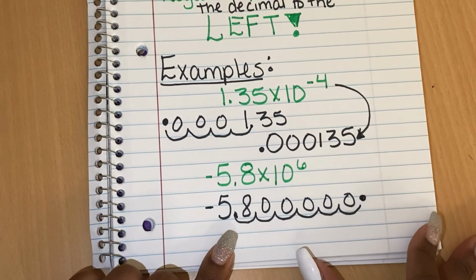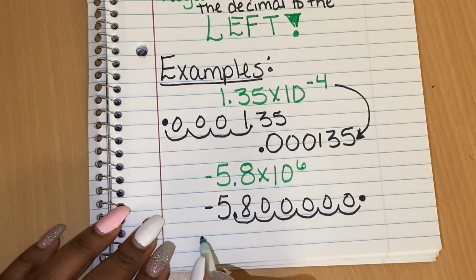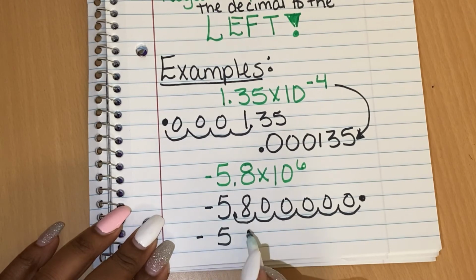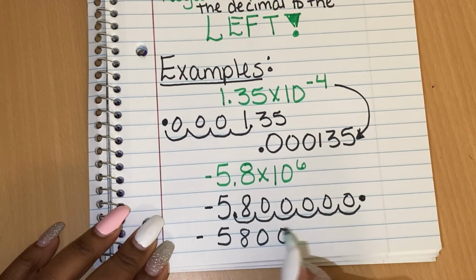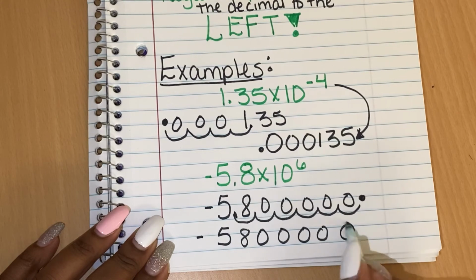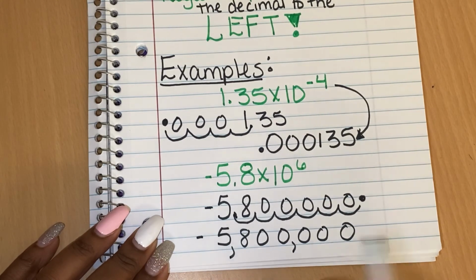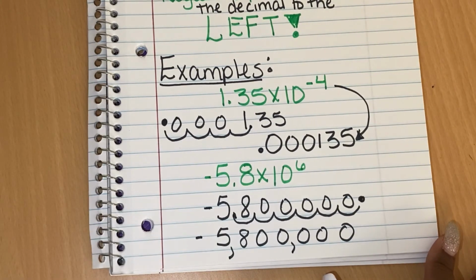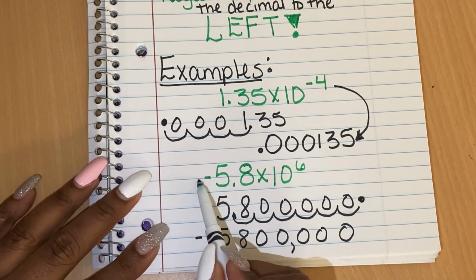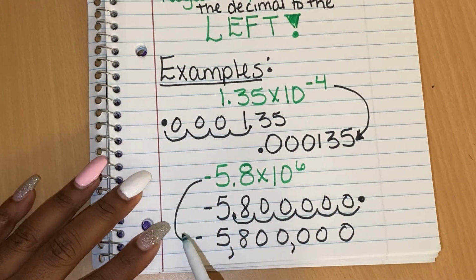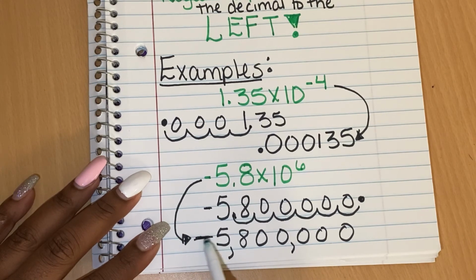Okay, make sure you fill those humps with zeros. Now we're going to rewrite everything we see and make sure we have our correct place value. Okay, I started up here in scientific notation and ended there in standard notation.